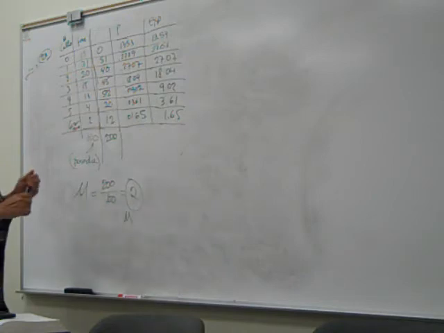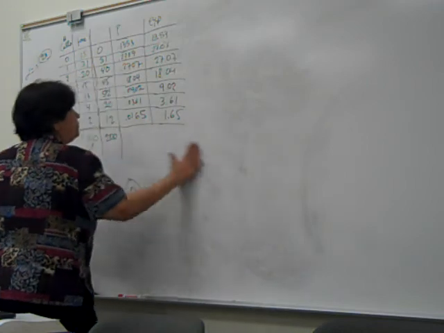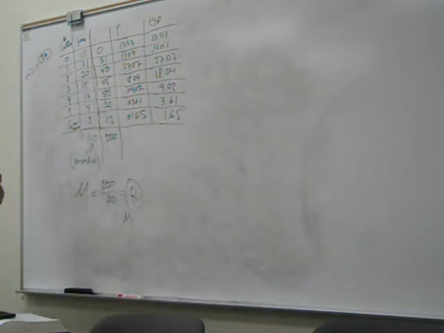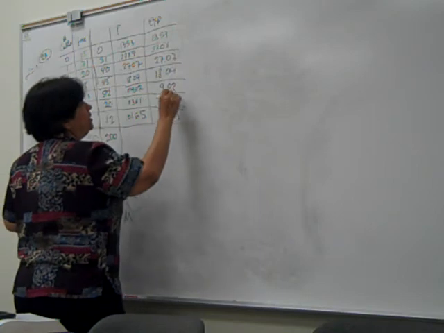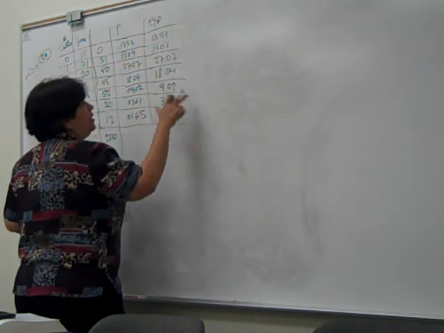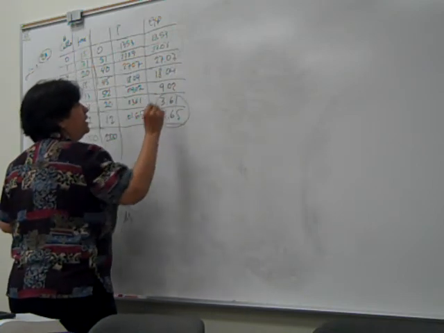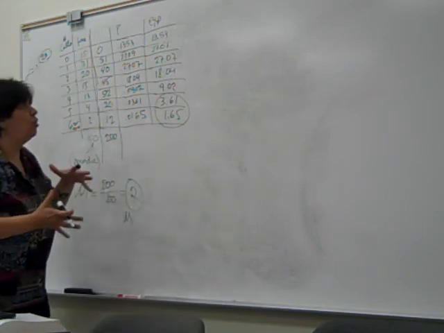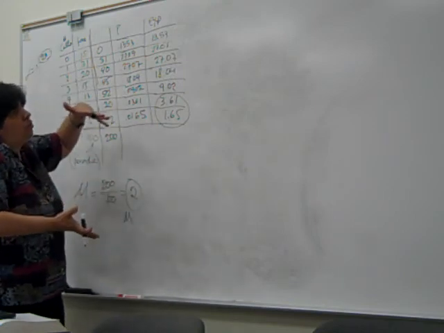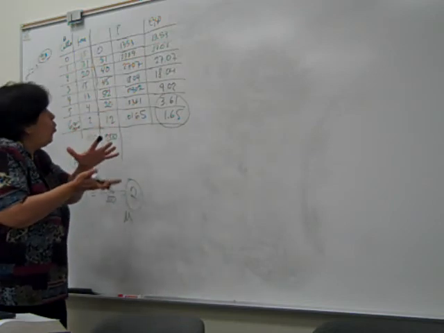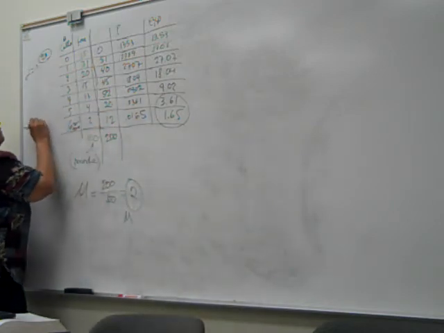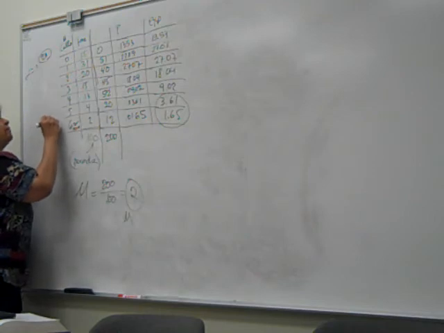Now, remember that I told you that the expected cannot be less than 5. And we have two categories that are less than 5. So what we are going to do is take these two categories and group them into one category, saying 5 or more.